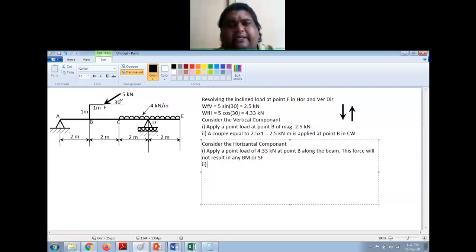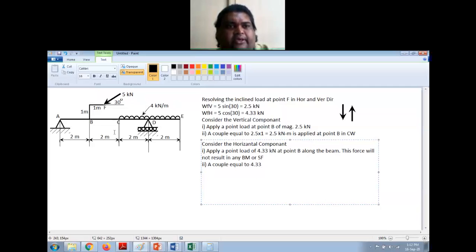The second thing that happens because of the horizontal component is a couple. The magnitude is 4.33 and this is in horizontal direction. It is applied here at point F and from B it is 1 meter above here.